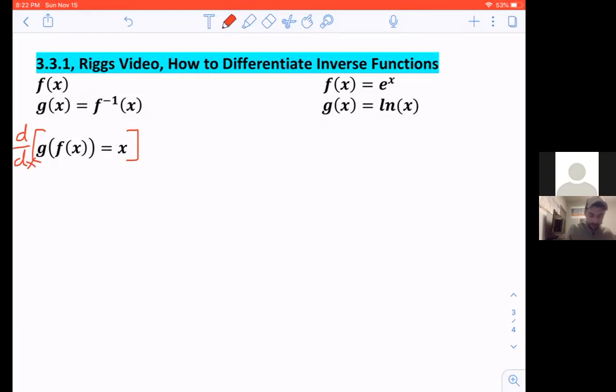So on the left side, I have g of f of x. If we imagine, again, an outer function g, the way we start to derive this is saying, okay, whatever the derivative of g of x is, with that same f of x input, and now times the derivative of the inside function, f prime of x.